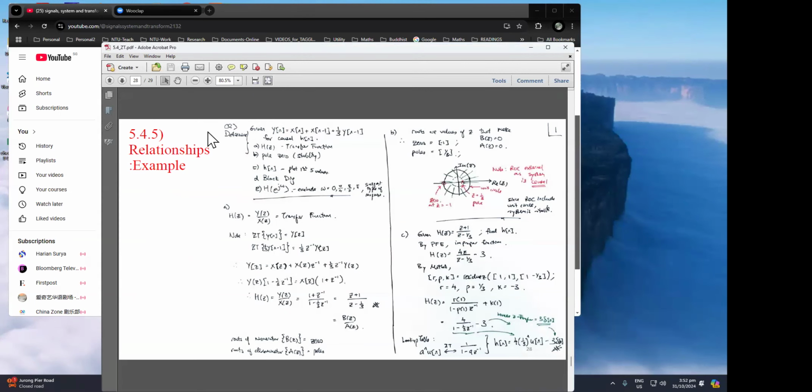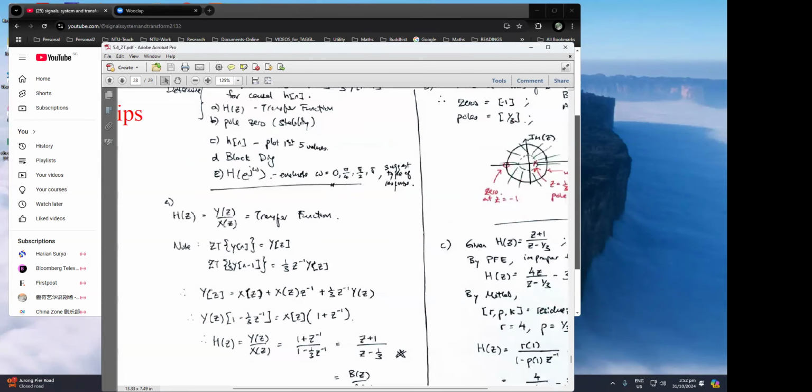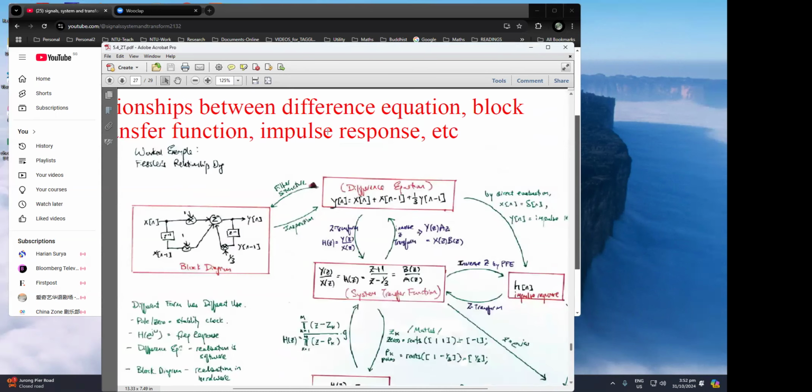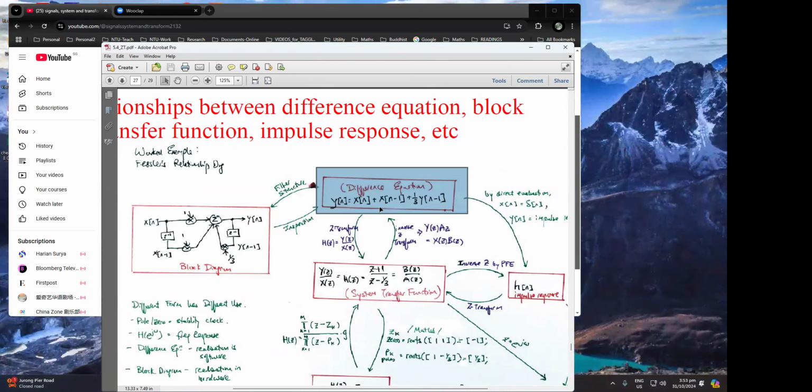I'm going to use this equation from our lecture. Actually, this equation looks very close to our previous equation. What's the difference? y[n] equals x[n] plus x[n minus 1]. Now this is the interesting part: plus 1/3 y[n minus 1]. Okay, so let's see this equation and we'll do it together.